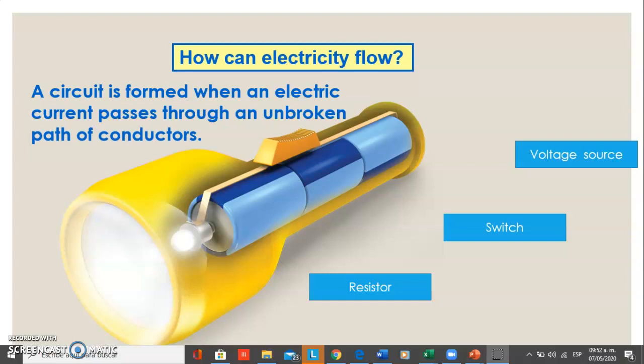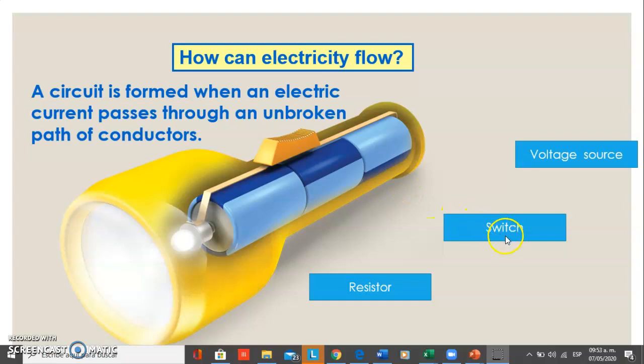Okay, so here I wanted you to put arrows to point in the drawing to the parts. The voltage source that we have here are the batteries, okay?